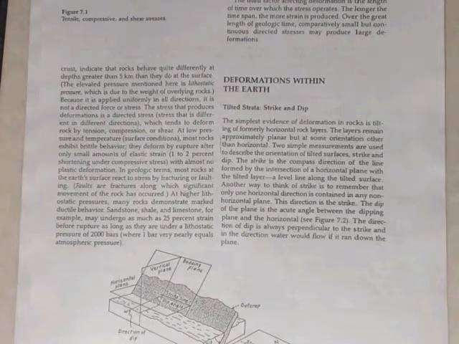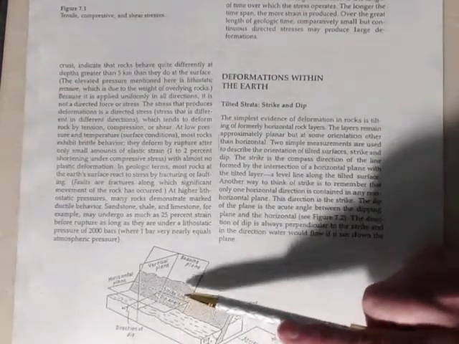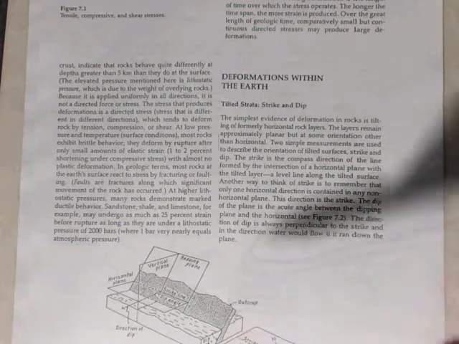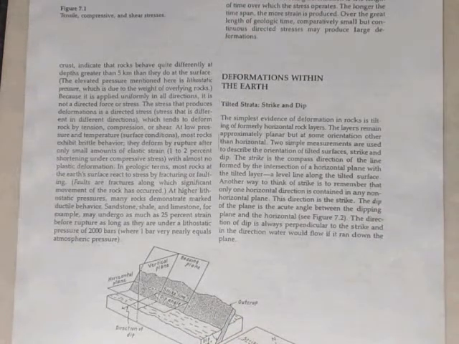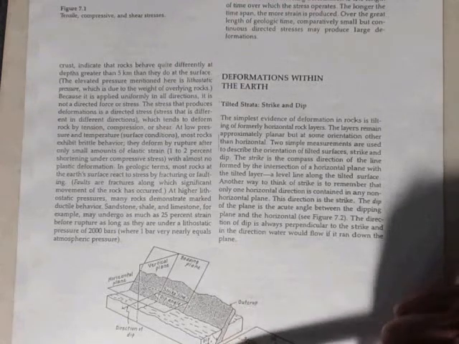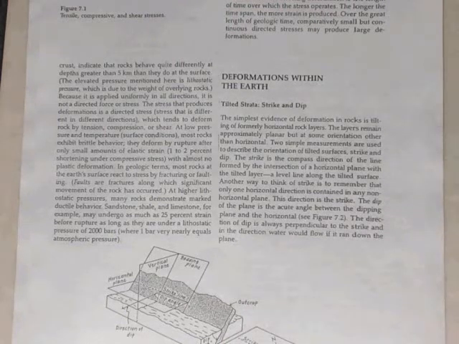You can either get a dip-slip fault. These exhibit vertical motion. Remember how the dip is an angle, so the slippage is along the dipping plane. We call those dip-slip faults, and they exhibit vertical movement. The other variety is called strike-slip faults.